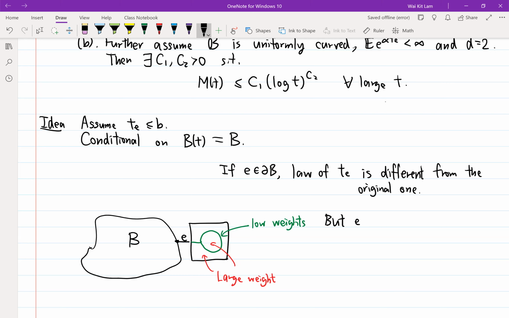In other words, this E must be in the ball with radius T plus B, because we assume that all the weights are bounded. So we know that at time T plus B, this edge will be inside of the ball at time T plus B. So you know what's going on after you invade this E. You will go along this green line here essentially, and then wrap around, and then you create a hole.